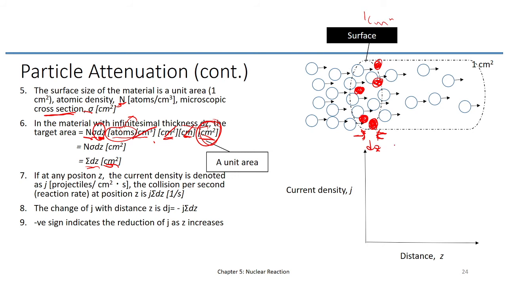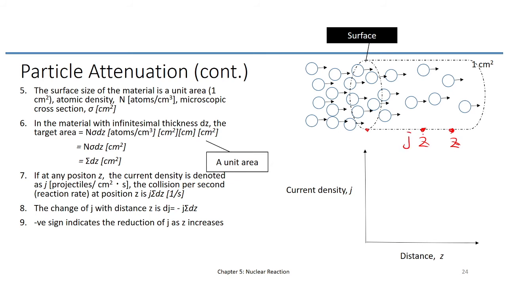Okay, but if you want to go further, let's say at any point z in the cylinder, if you denote the current density at that particular z as j, perhaps j(z).